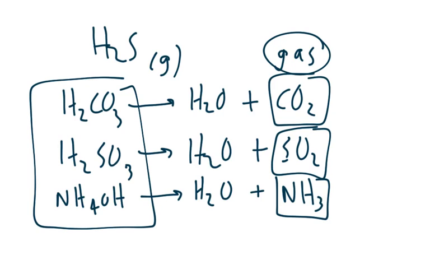So at the end of the day, a double replacement reaction is not driven by a transfer of electrons. In order for a double replacement reaction to occur, one of the products has to be either a solid, a liquid, or a gas. If it's a solid, we call them precipitation reactions. If it's a liquid, acid-base reactions would be one of the most popular ones, and that liquid is water.